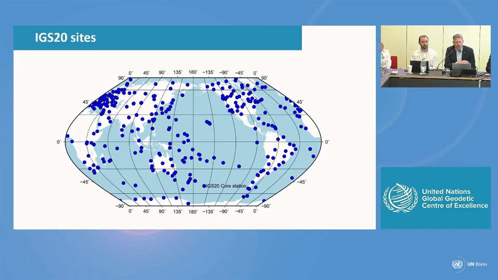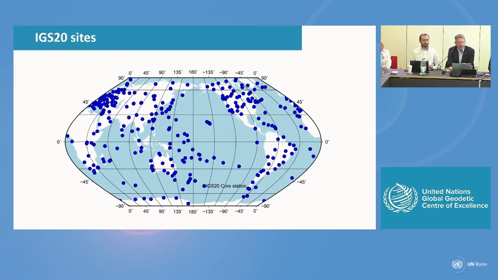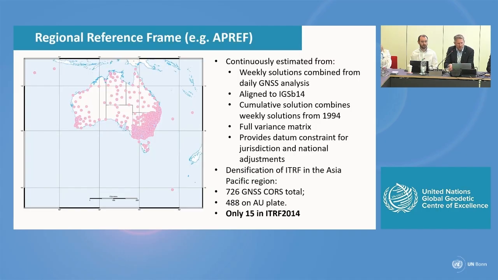So here's the first step. If you look at the top one, the ITRF 2020, for the national adjustment, we use the IGS 20 configuration, which is aligned with ITRF as the constraint for that national adjustment. So we brought in all of these sites into the national adjustment. And then we included all the regional reference frame information as well.